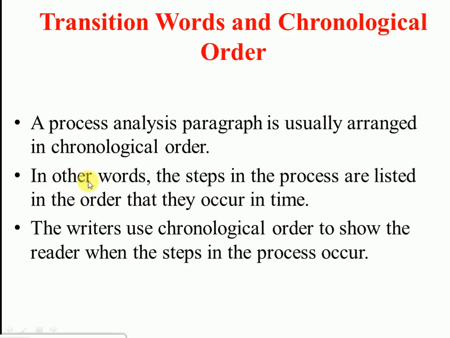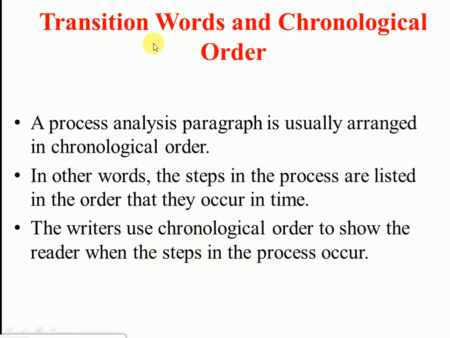Okay, in other words, the steps in a process are listed in the order that they occur in time. So whichever event happened first, which step is first, which step is second, next, and so forth. The writer uses chronological order to show the reader when the steps in the process occur.